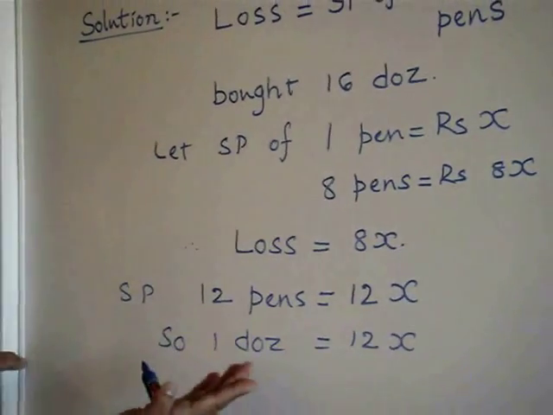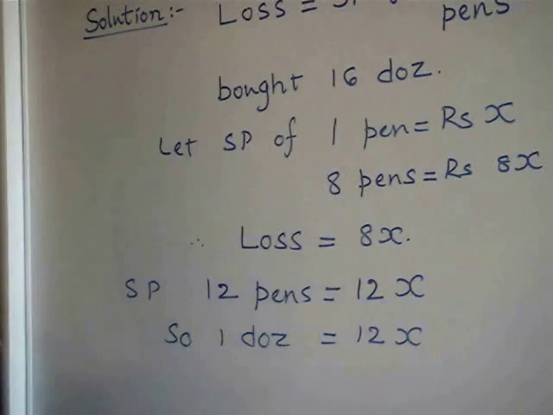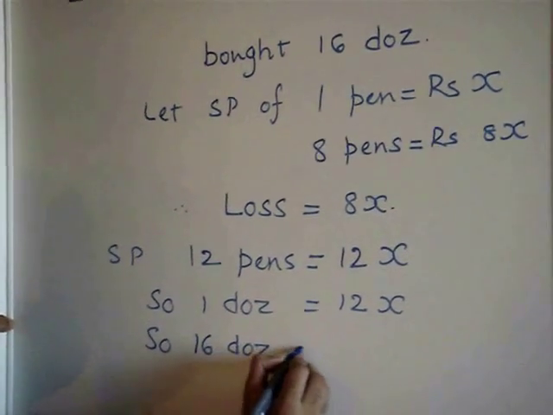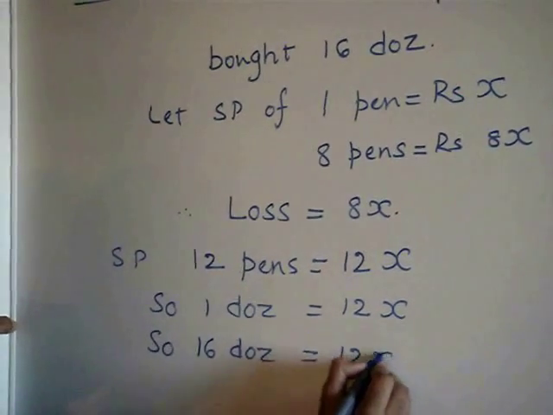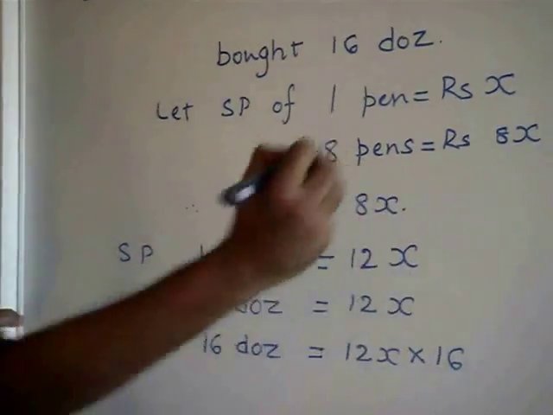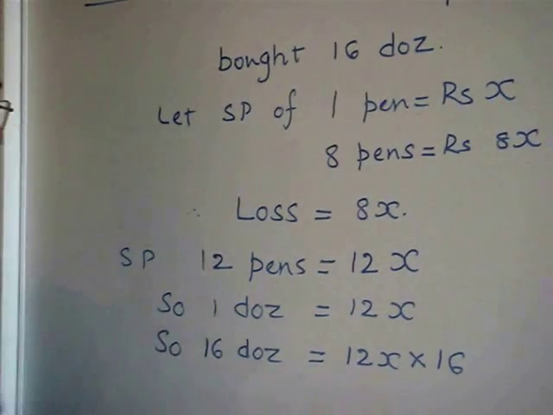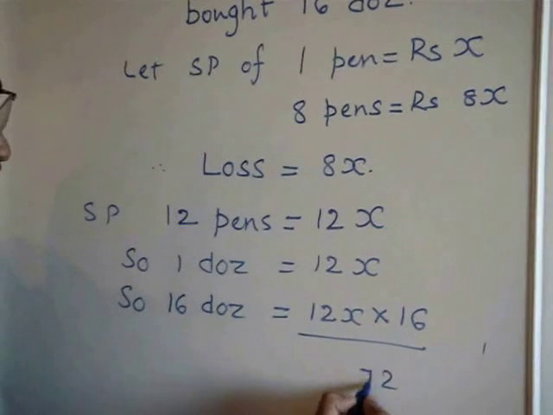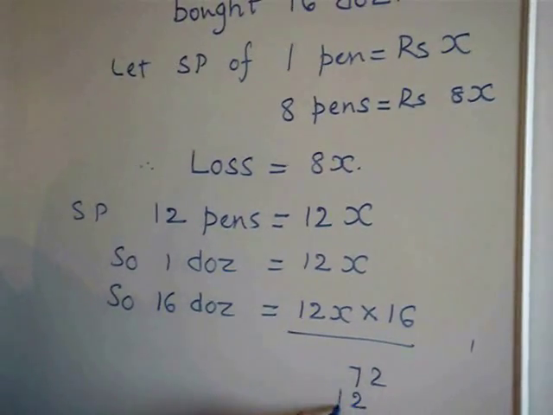Then what is the SP of 16 dozen pens? So 16 dozens SP is equal to 12x multiplied by 16. We multiply 12 and 16. 6 2s are 12, 6 1s are 6, 7, 1 2s are 2 and then 1 here.